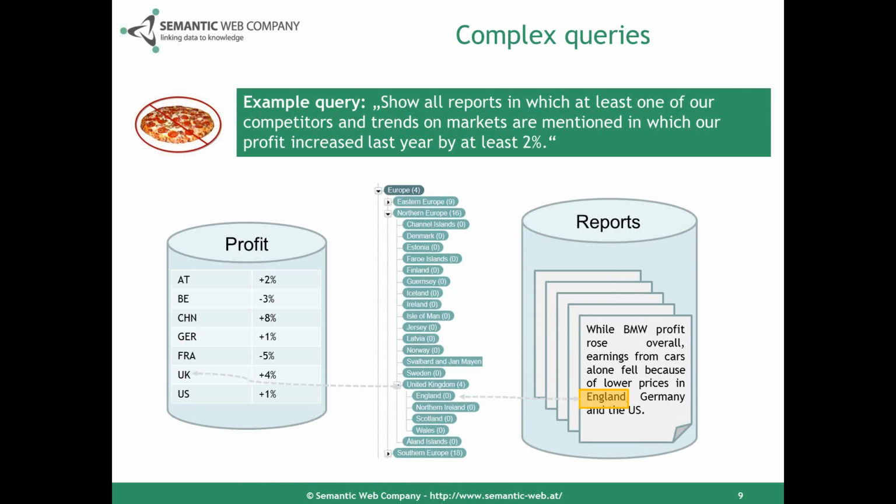And the complex queries, which we will show at the end of this webinar in a live version as well, are, I would say, the most advanced use case we can build on top of enterprise semantics. As an example, you would like to have all reports in which at least one of your competitors and trends on markets are mentioned, in which your profit increased the last year by at least 2%.